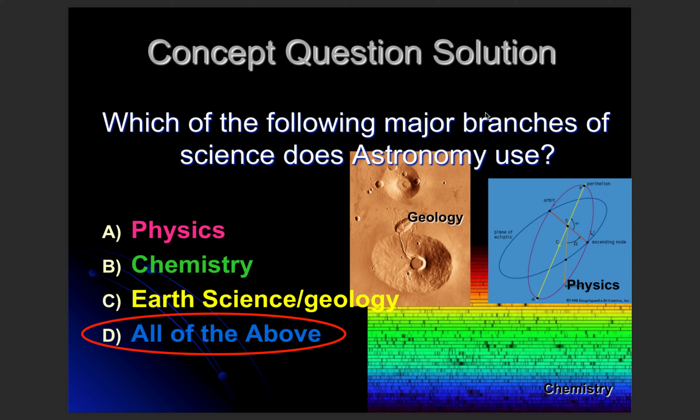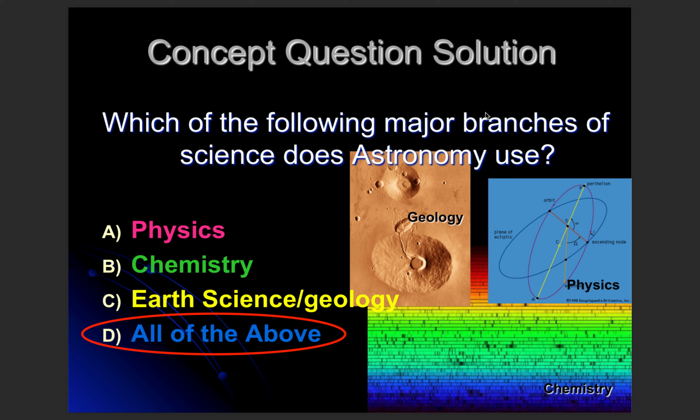So when we talk about the orbits of planets, the distribution of matter in the universe, we're talking about laws of physics. When it comes to chemistry, we want to know what a planet is made of, what the atmosphere is made of, how reactions are happening within the central regions of stars. We're talking about chemistry.